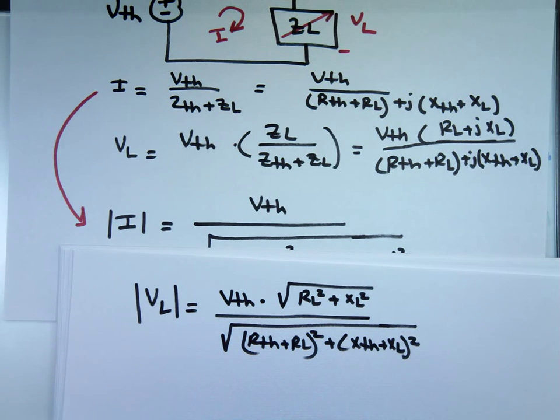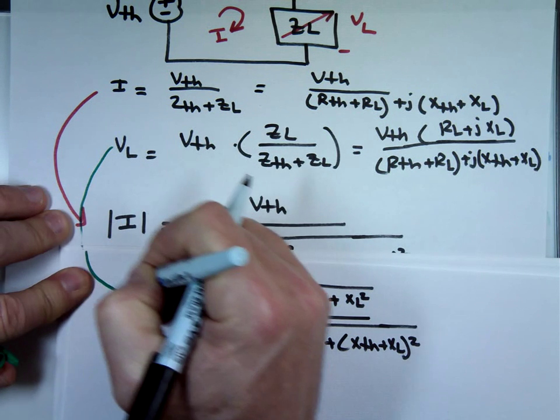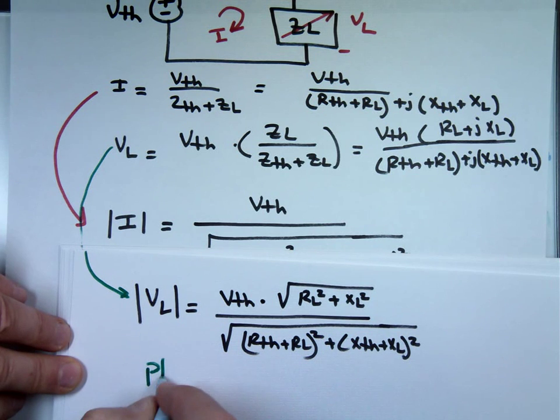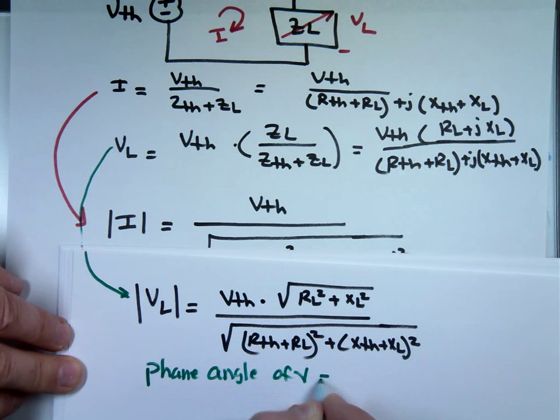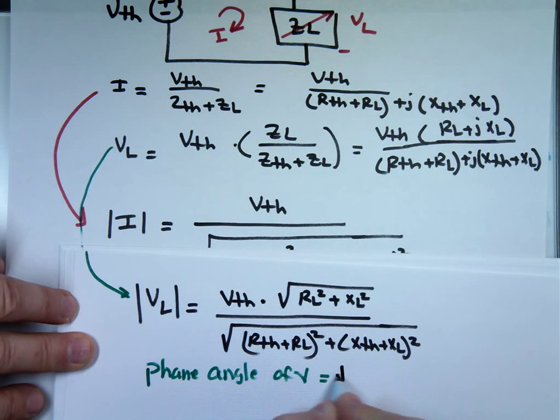So now I'm working on V here. The phase angle is going to be the inverse tangent. The top has an angle, which is the inverse tangent of the imaginary.